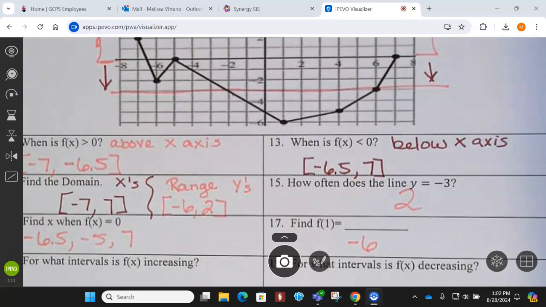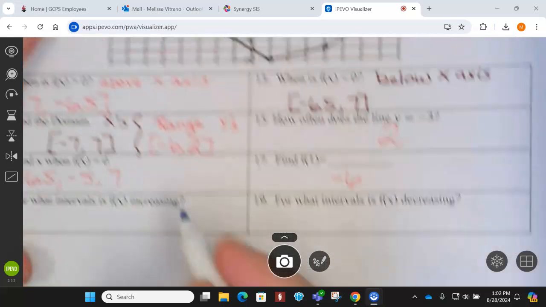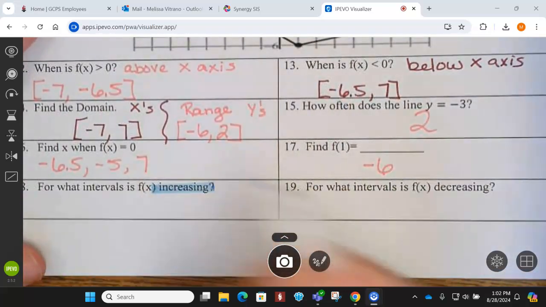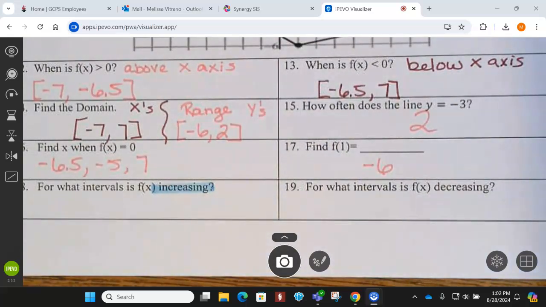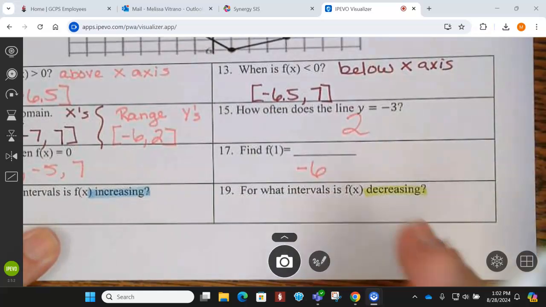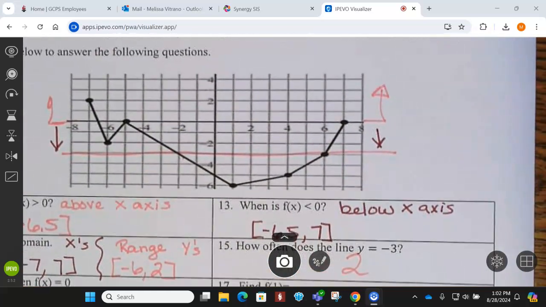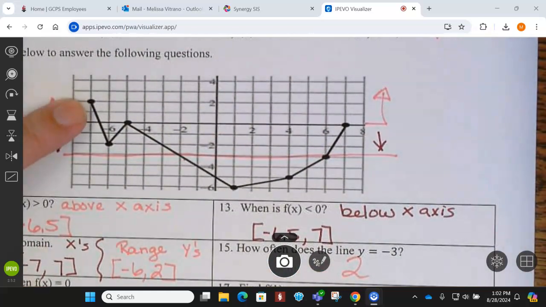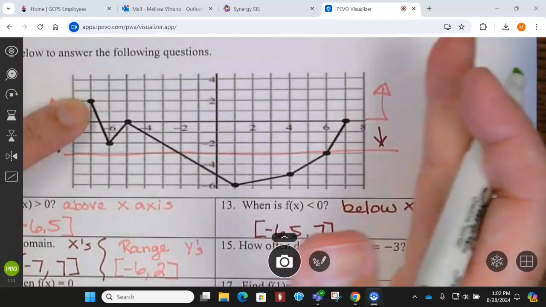Okay, so let's get some highlighters. Okay. What I'm going to do is call this color increasing and this color decreasing. Okay. So this is where we start at the left, and we're going to follow the line going from left to right.